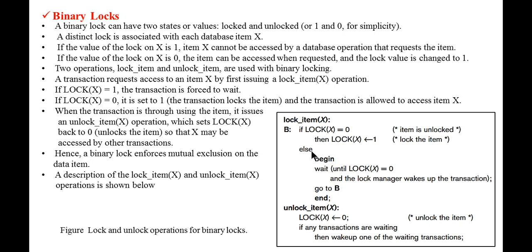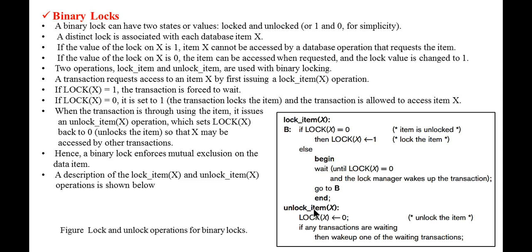That means the lock of item x is already held by some other transaction. That's why the requesting transaction has to wait until the lock of x becomes 0, meaning until the item x is released by the transaction. So this is the procedure when one transaction issues lock item x.